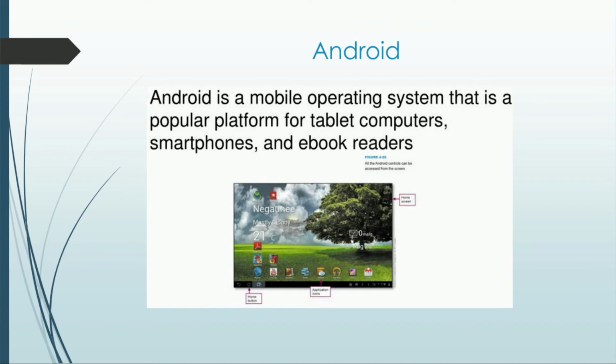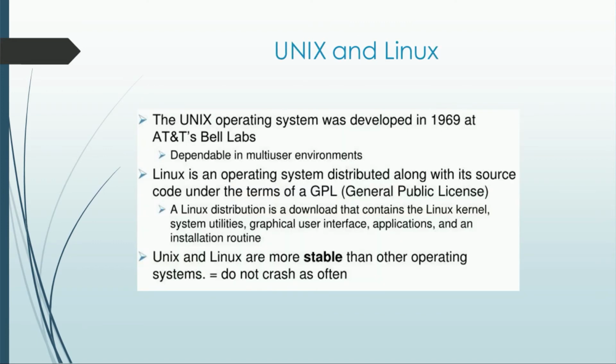So I want to tell you now about Android. It's a mobile operating system that is a popular platform for tablet computers, smartphones, and e-book readers. Unix and Linux: what is the difference between Linux and Unix?